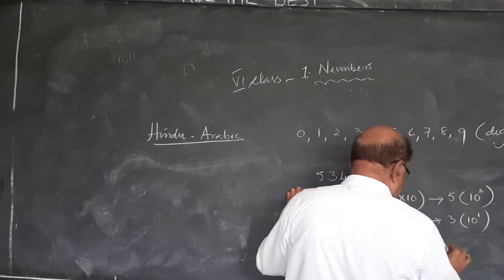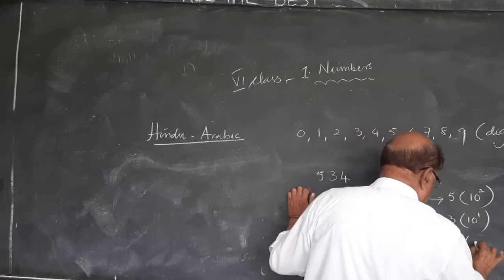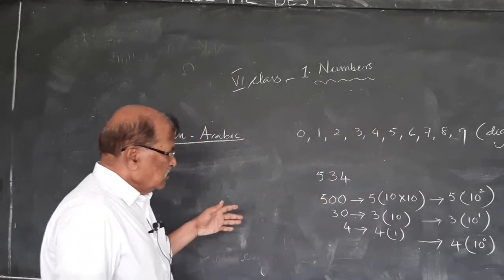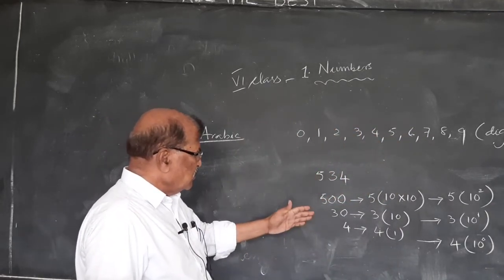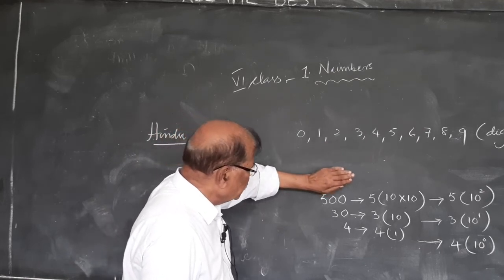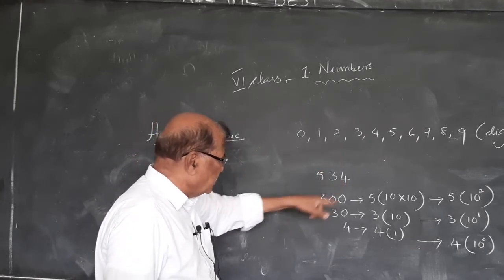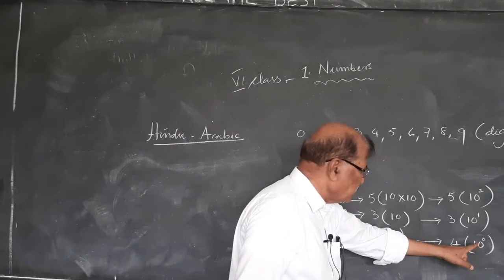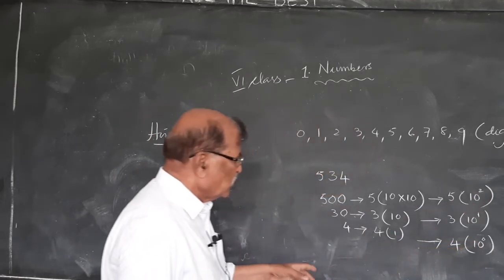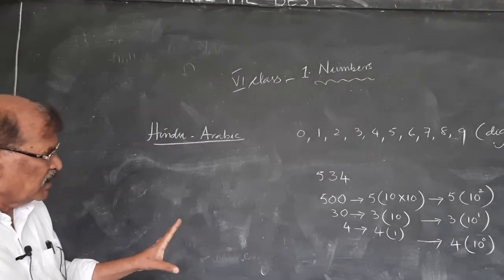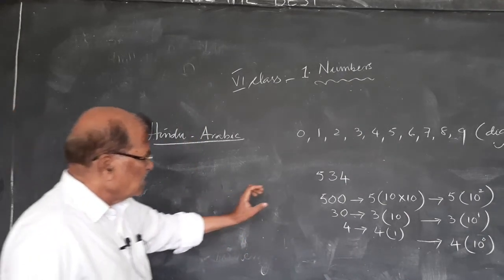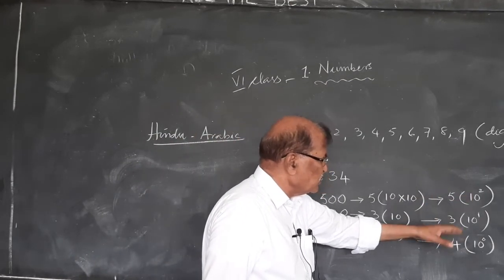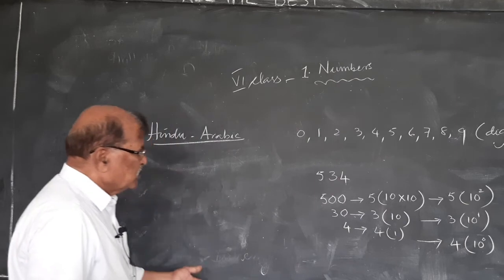And the 4 can be written as 4 into 10 to the power of 0. So in one number we should know that there are 5 hundreds, 3 tens and 4 ones. 10 to the power of 0 is 1. I think you will understand that these numbers are based on the base 10 system. This is the way of writing.